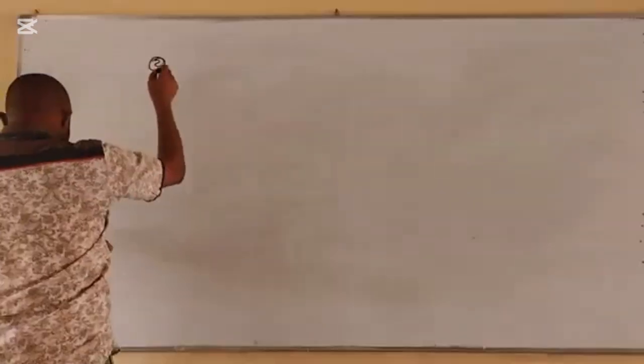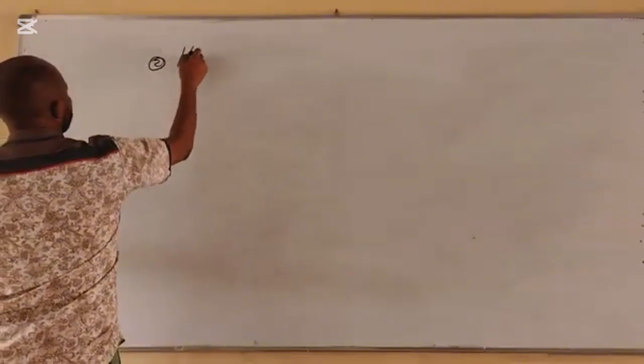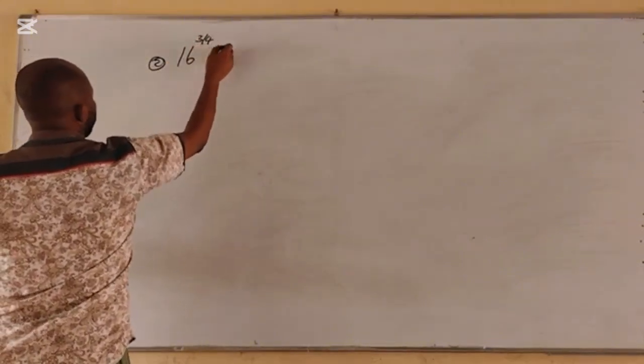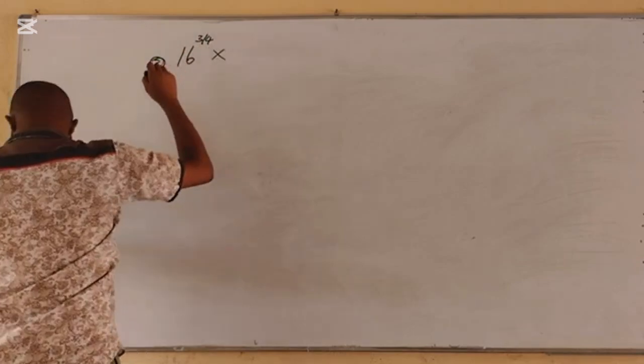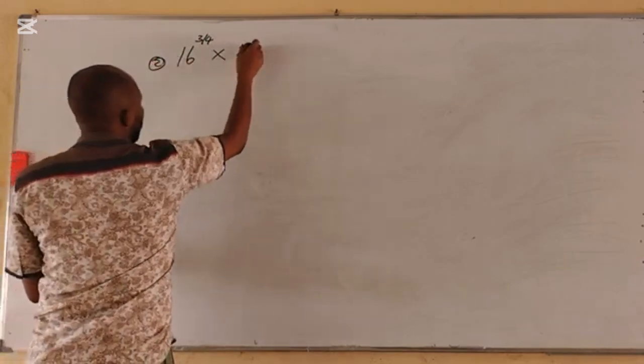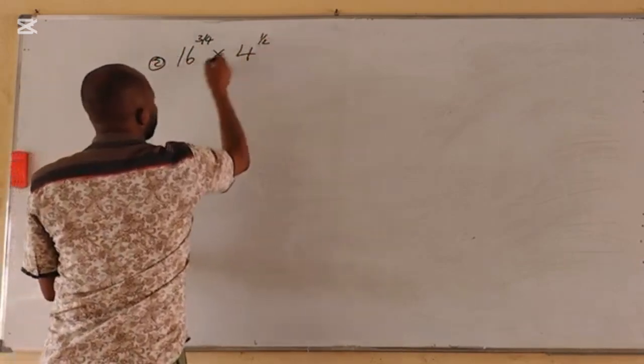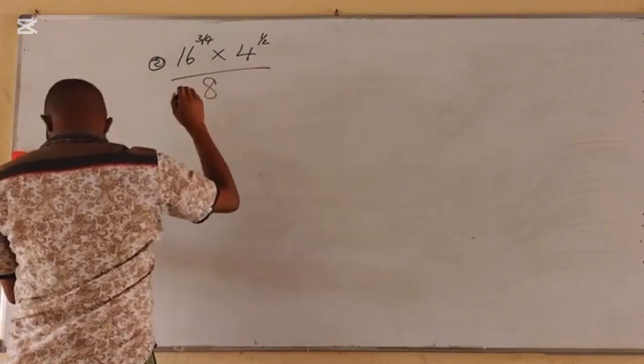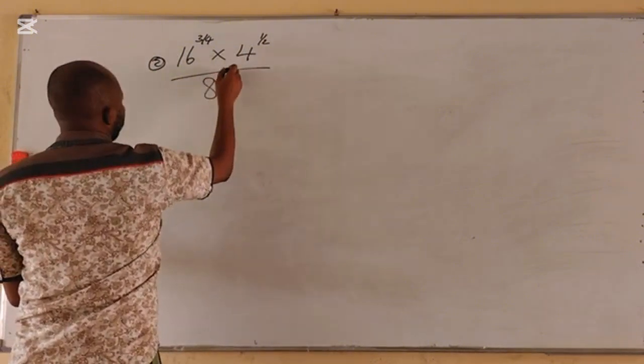Question 2 here. It says 16 raised to the power 3 over 4, times 4 raised to the power 1 over 2, over 8 raised to the power 5 over 3.